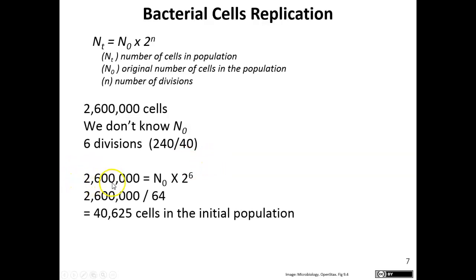So 2,600,000 equals N sub 0 times 2 to the 6th. 2 to the 6th is 64, so we can divide both sides by 64, and we end up getting N sub 0 equals 40,625 cells in the initial population.